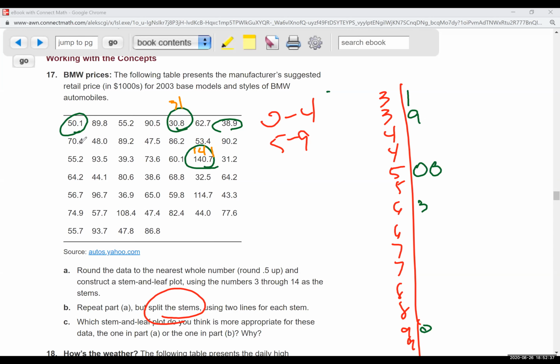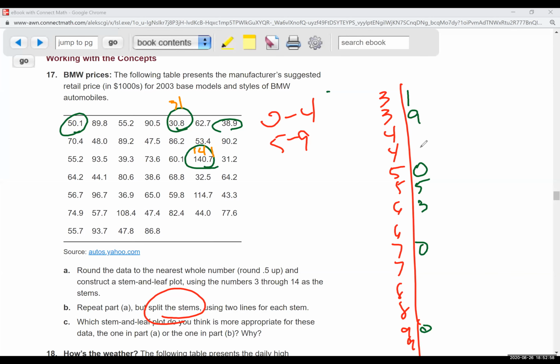Next, 70. Wait, this should be 55, sorry. I said 50. 70, so 70, 48.